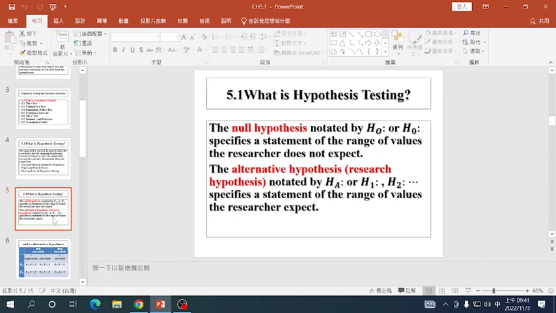Okay? So when you do the hypothesis testing, you are testing parameters. Do not put the hat on it. Why? Why should we test the statistic?